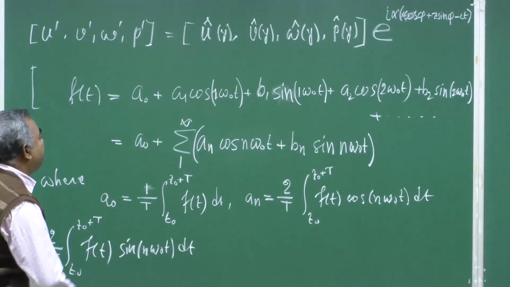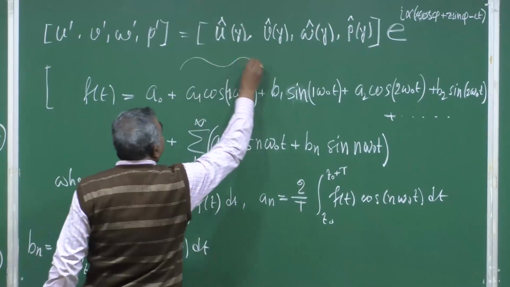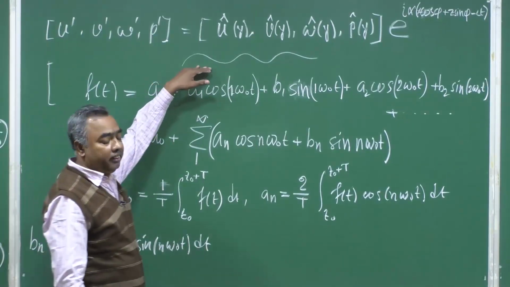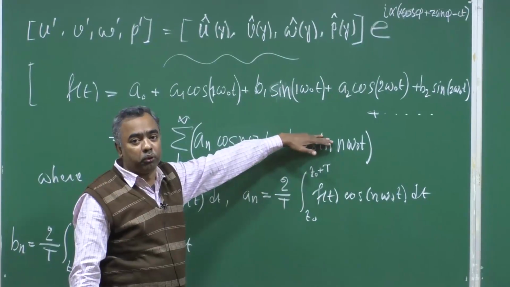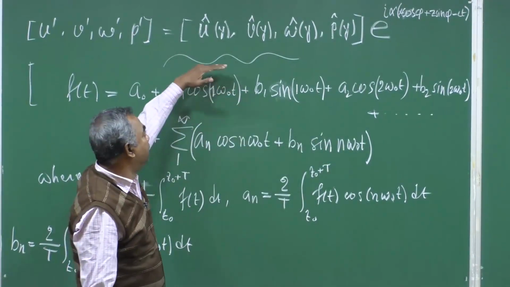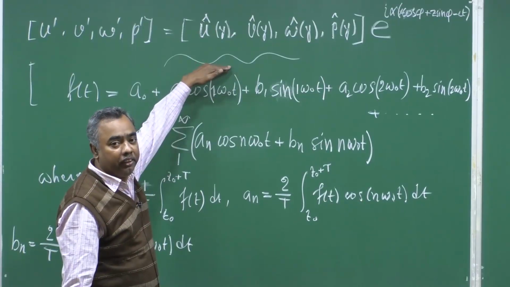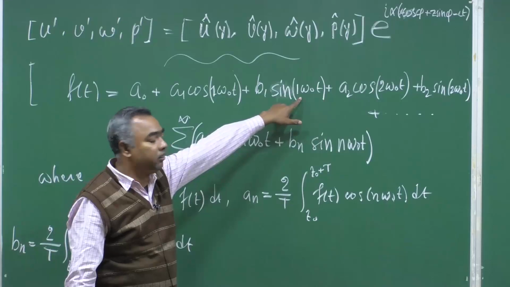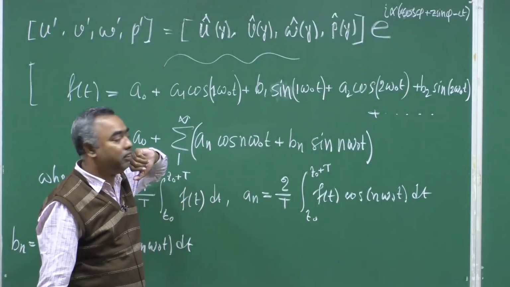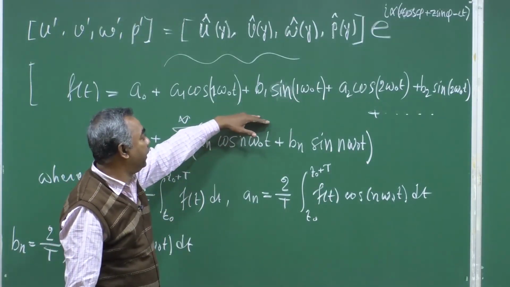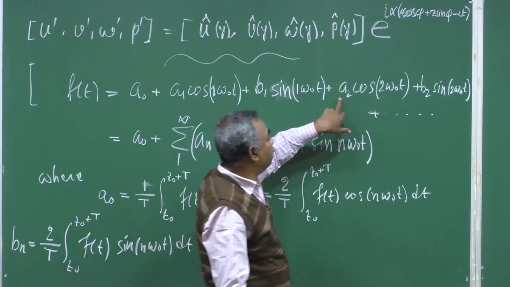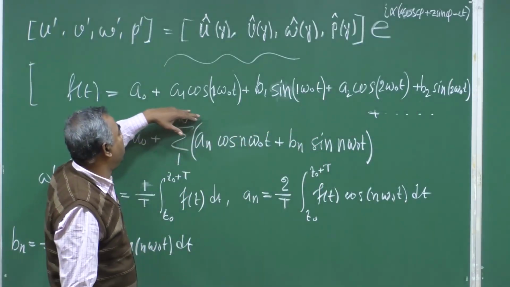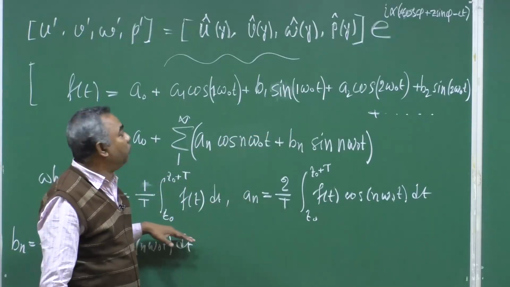You see here, any periodic disturbance of this sort can be represented by some Fourier modes like this. Suppose this particular sinusoid is related with omega 2 or 2 omega naught, meaning the second harmonic. If it is related with only the second harmonic, then only A2 and B2 will be non-zero, and all other coefficients will be 0.